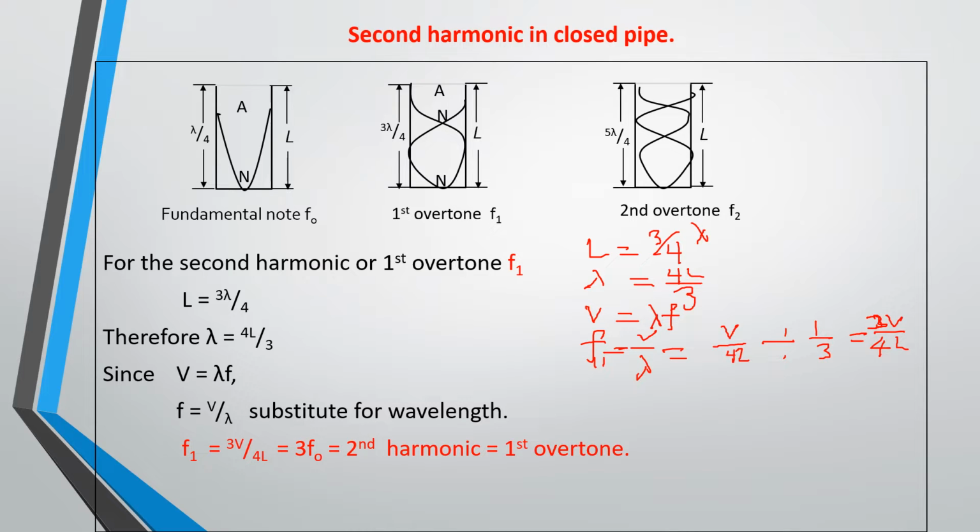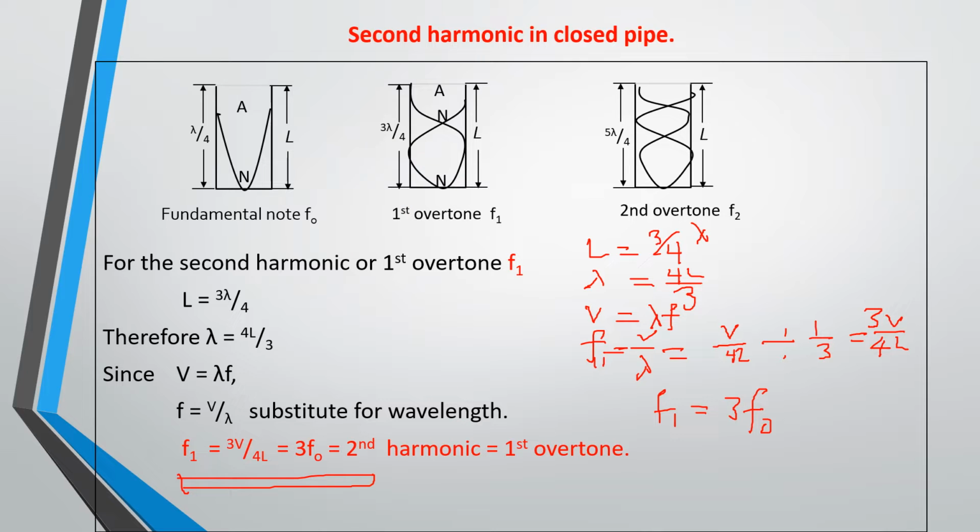So this shows that the first overtone of a vibrating closed pipe is equal to 3 times the fundamental frequency, and that is exactly what we have here. It's equal to 3 times the fundamental frequency. Is that okay? It's 3 times the fundamental frequency.